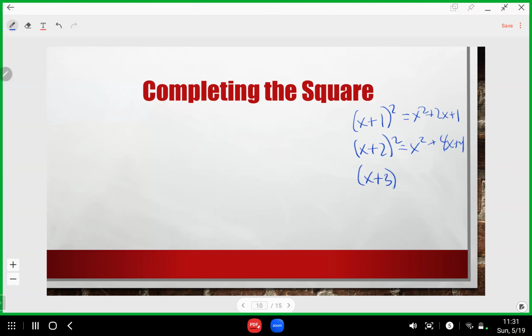X plus 3 squared is equal to x squared plus 6x plus 9. X plus 4 squared is equal to x squared plus 8x plus 16. So hopefully we can find a pattern here. So what we need to do is, when we have x squared plus bx, find the constant term. So usually we're going to add the constant term to complete the square, right?